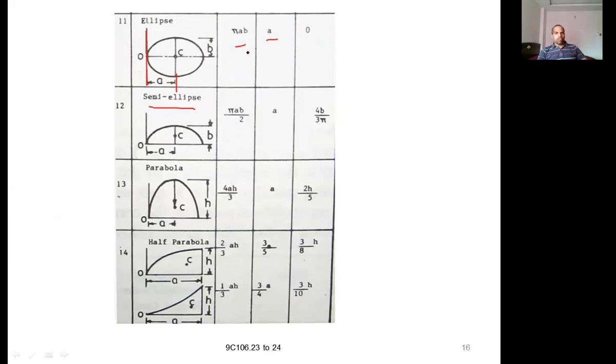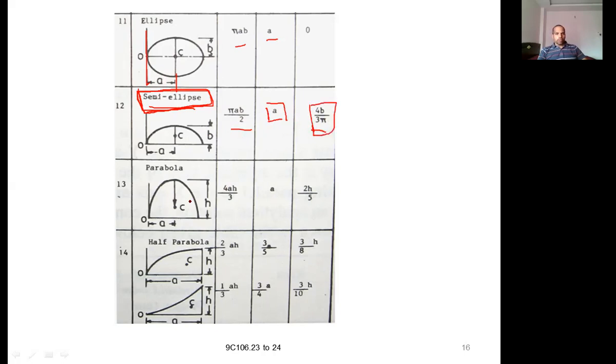A full ellipse means pi AB, and half of the ellipse means pi AB by 2. The centroidal distance is 4b by 3 pi.